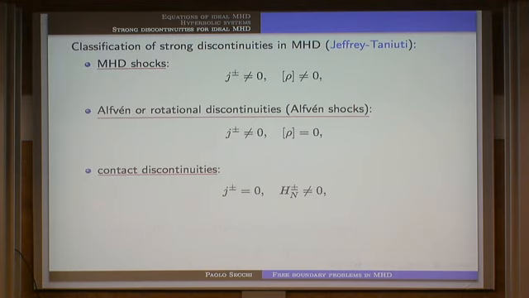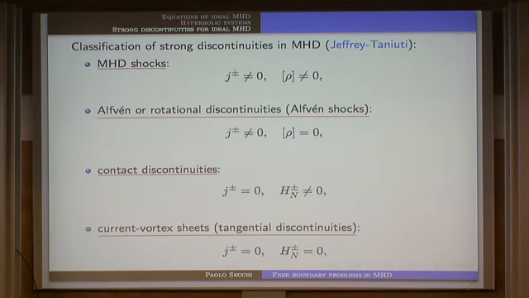And the last case, which are the current vortex sheets, or so-called tangential discontinuities, according to this terminology, where still J plus minus is 0, and this normal component is 0.